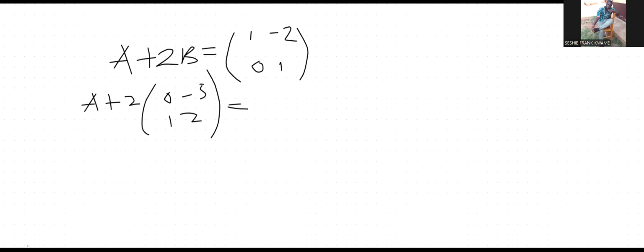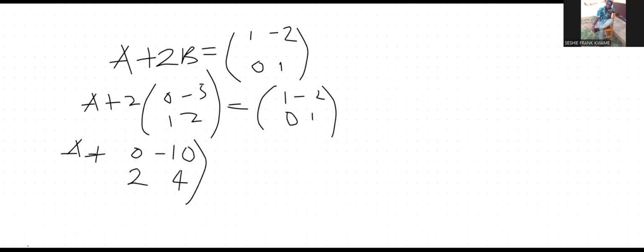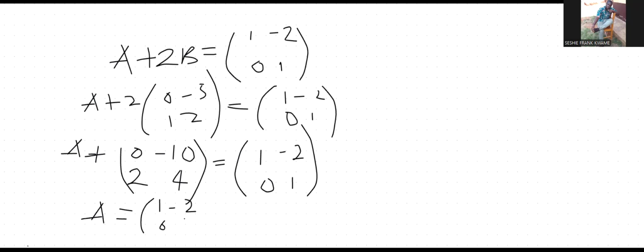So if you are multiplying by 2, 2 times 0 is 0. 2 times negative 5 is negative 10. 2 times 1 is 2. 2 times 2 is 4. That should be equal to 1, negative 2, 0, 1. So A should now be 1, negative 2, 0, 1 minus 0, negative 10, 2, 4.